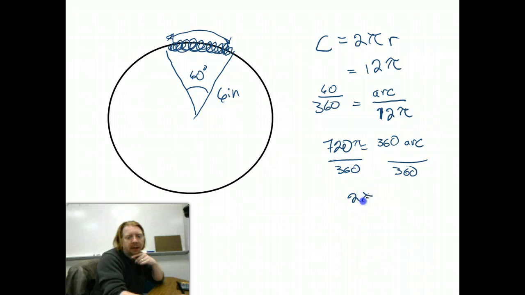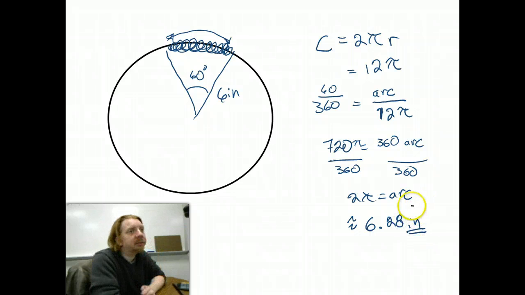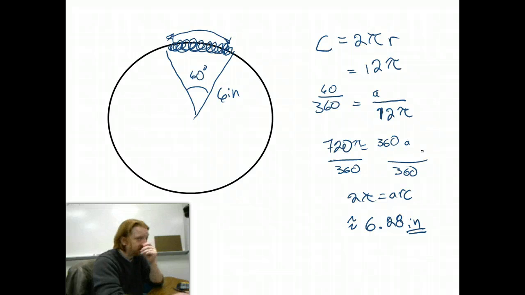I get 2 pi is equal to the length of the arc, which is roughly equal to 6.28 inches. Okay, so what is the 360 arc in the actual formula? Oh, here, let me get down to one letter for a variable. 360 times a. And that just means that it's the minor arc rule.